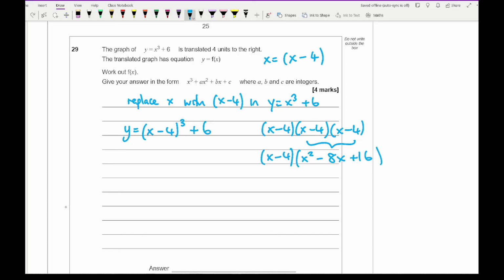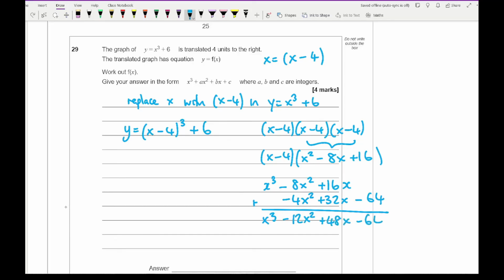Expanding this, I get x cubed minus 8x squared plus 16x, then minus 4x squared plus 32x minus 64. Collecting all that up, I get x cubed minus 12x squared plus 48x minus 64.